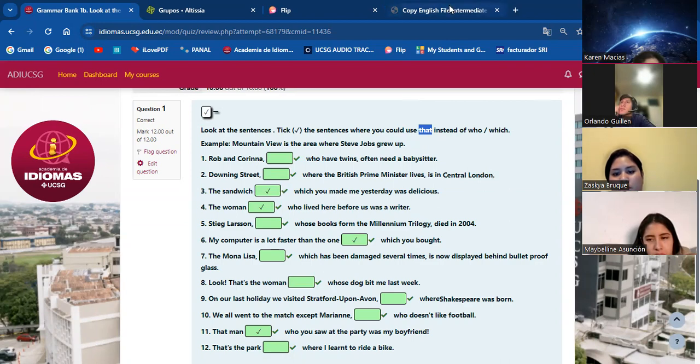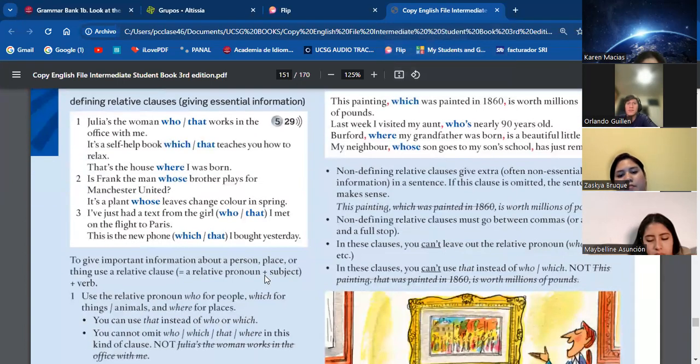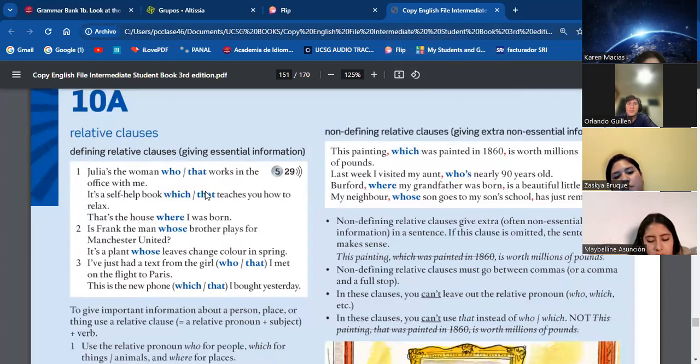Let me go back to the grammar. In which sentences do you see the comma? The group on the left or the group on the right? You see the commas in the group on the right. This painting, comma. My aunt, comma. Where do you use a comma? When the information is not important.